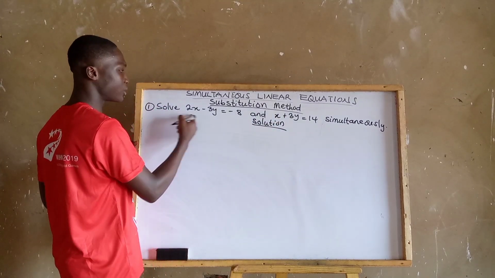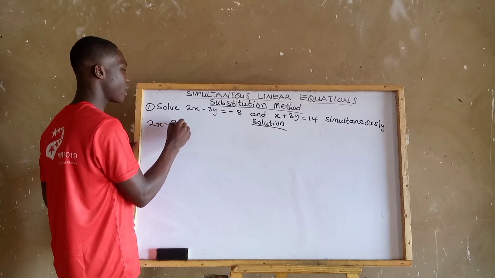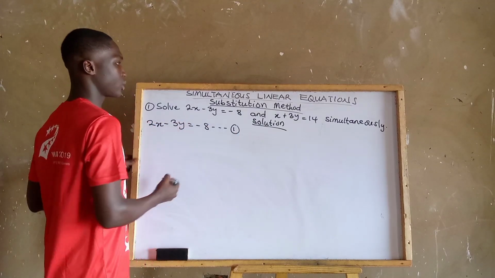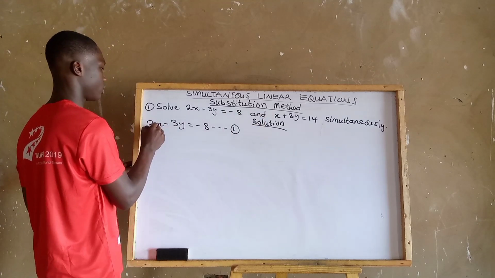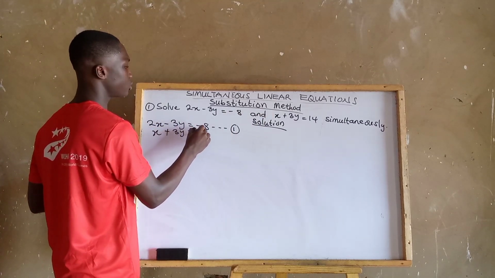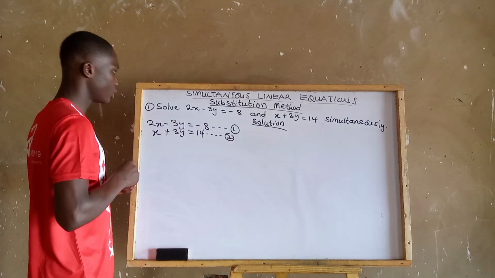We have our first equation to be 2x minus 3y is equal to negative 8. Let's call this equation 1. And then we have x plus 3y is equal to 14. Let's call this equation 2.